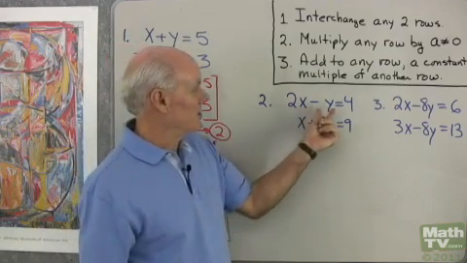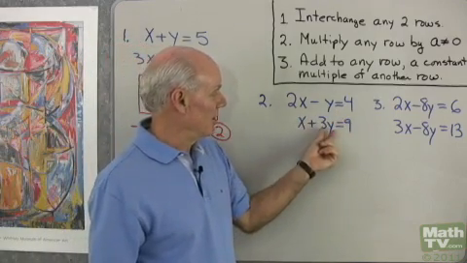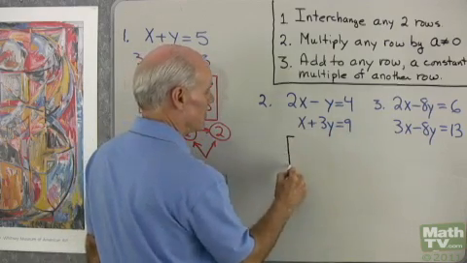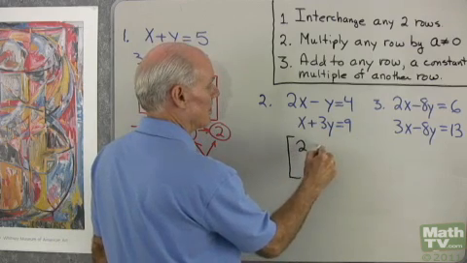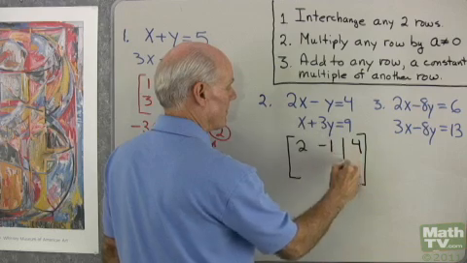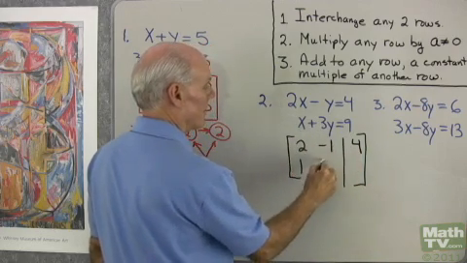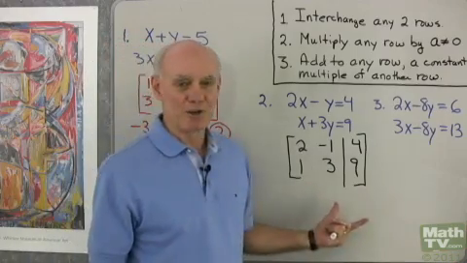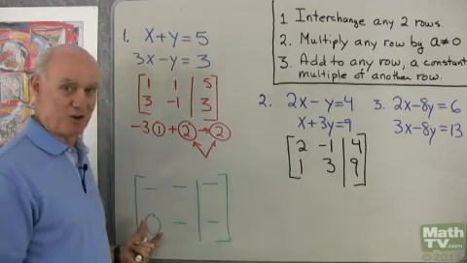How about this? 2x minus y equals 4, x plus 3y is equal to 9. Let's write that in matrix form. How about 2, negative 1, 4 for the constant term, and then 1, 3, and 9. Okay, I look at this, I don't know what to do unless I'm thinking of this goal right here.